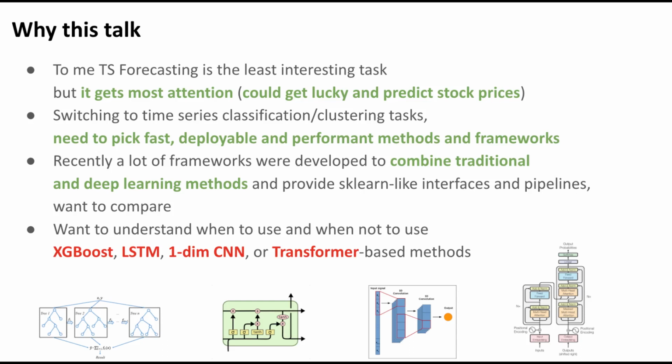I'll address pipelining a little bit more, but the framework I want to use uses pipelining from sklearn, where you can effectively chain estimators together and train them together. So you can describe all your machine learning tasks together and optimize them together on given data.